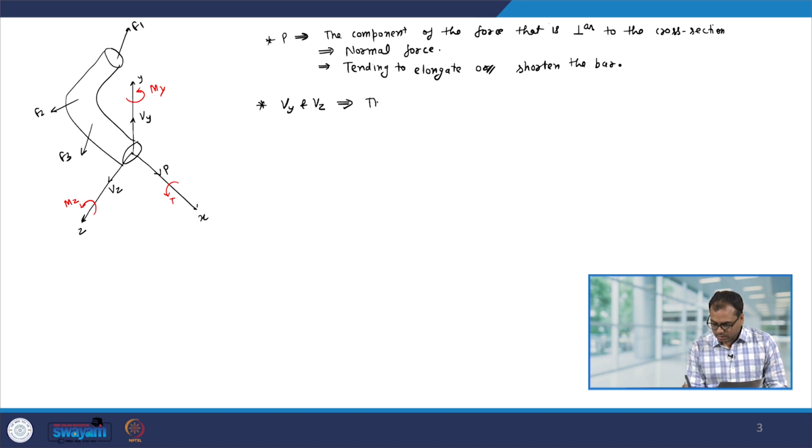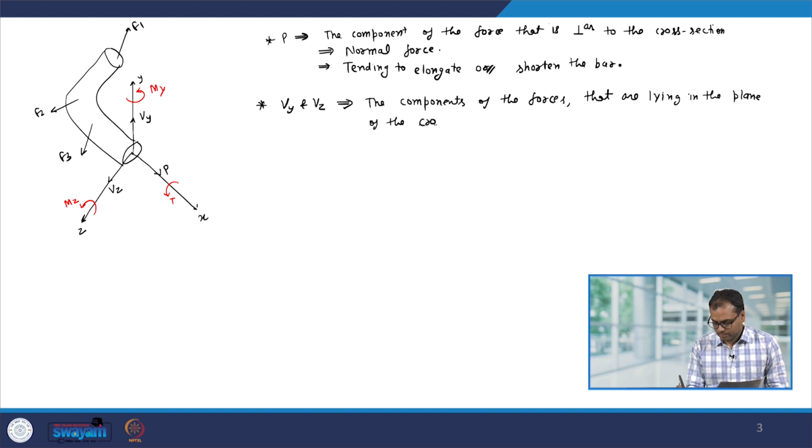Now, let us look at what is Vy and Vz. These are the components of the forces that are lying in the plane of the cross section. These forces are called the shear forces, and they have a tendency to shear the part of the bar.